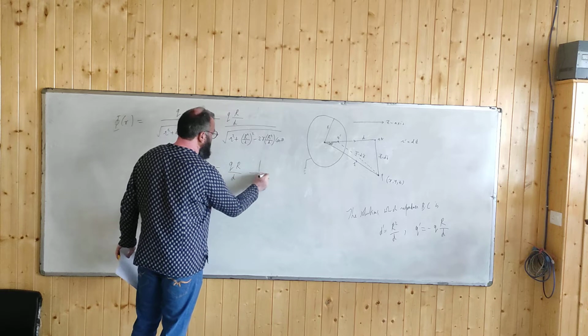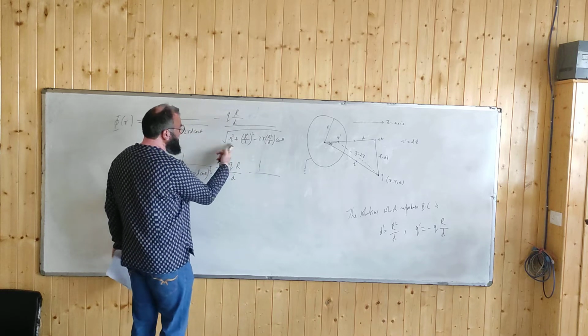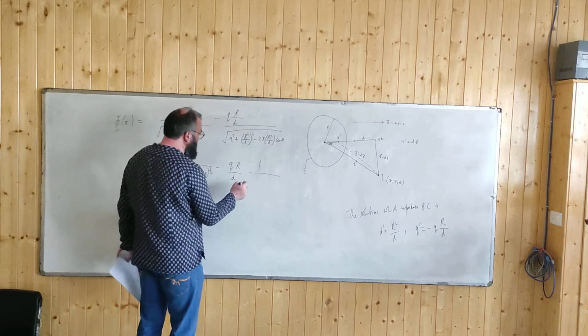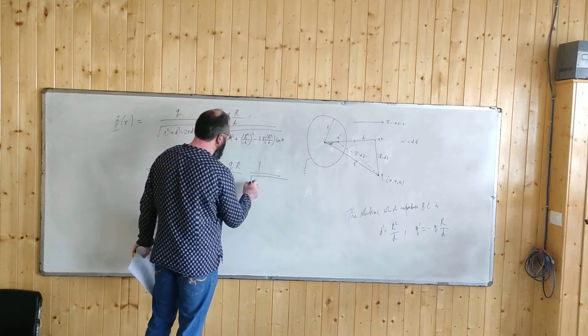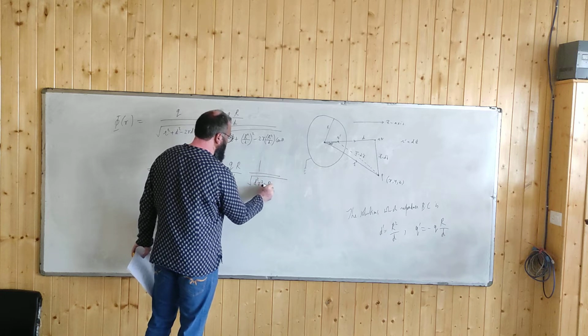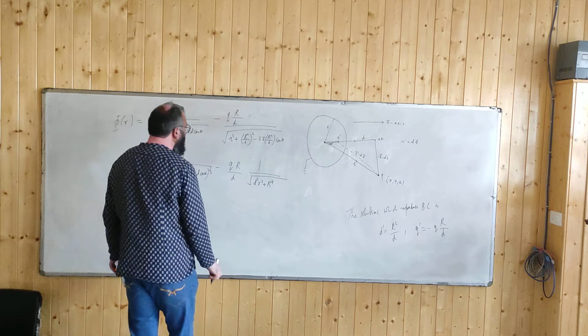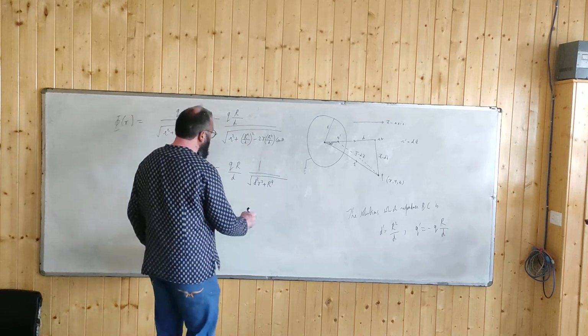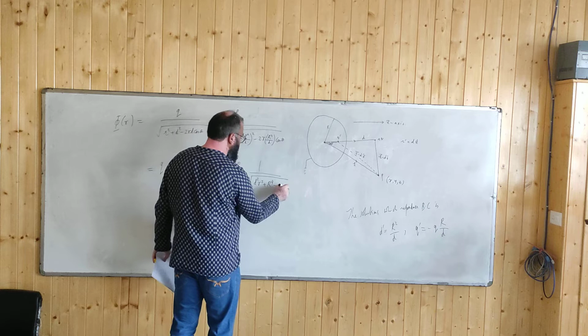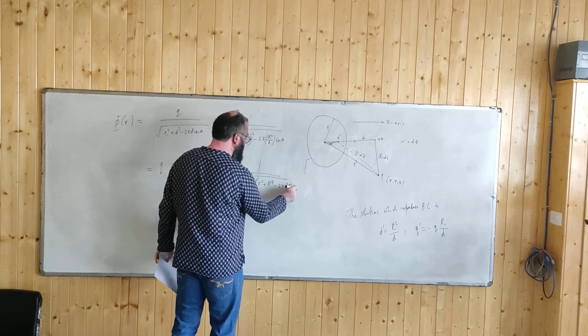Let's simplify this very root. Let's take d square common, so it will be root of d square r square plus r raised to the power 4, minus twice r square d cosine of theta.